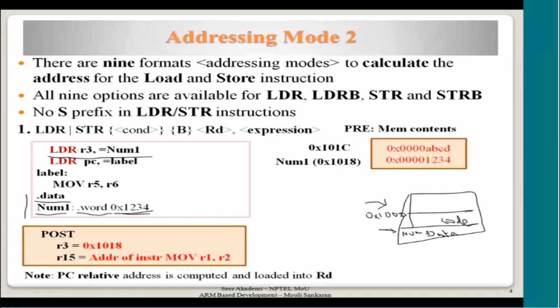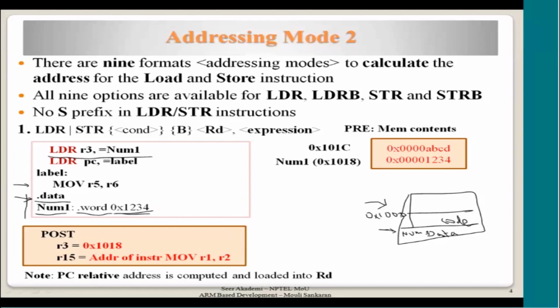Now there are different ways of doing it. I will explain one way it could be done, that is with respect to the PC. Suppose this data is kept within an address range of 32 megabytes, and the code is here, and then maybe after some gap the data is kept. Now it is easy for the instruction to access the data with respect to the PC.